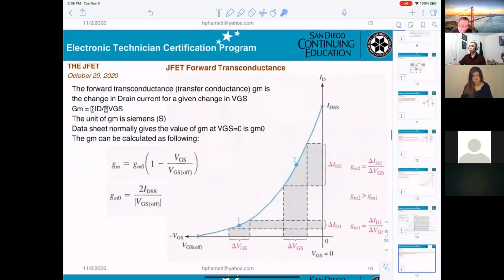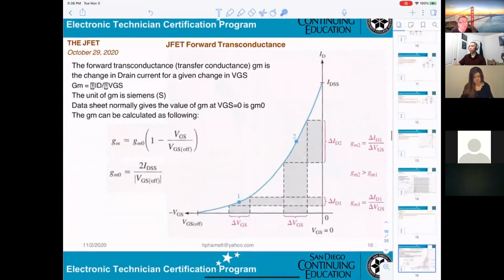Now, another thing you need to memorize: forward transconductance, or transfer conductance. GM is the change in the drain current for a given change in VGS. Basically, GM equals delta ID divided by delta VGS.